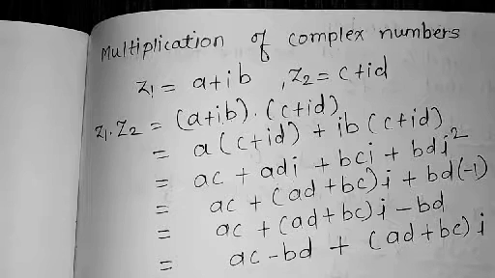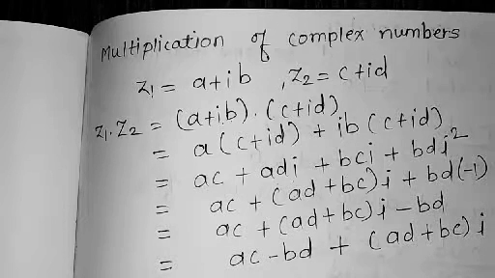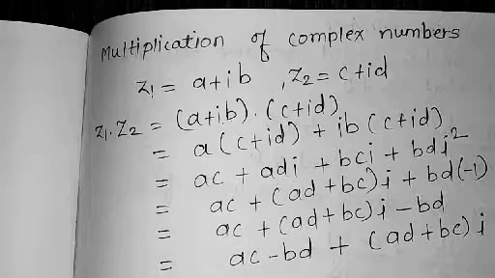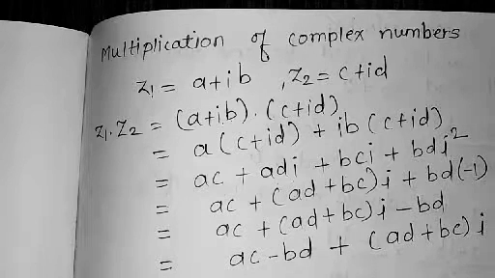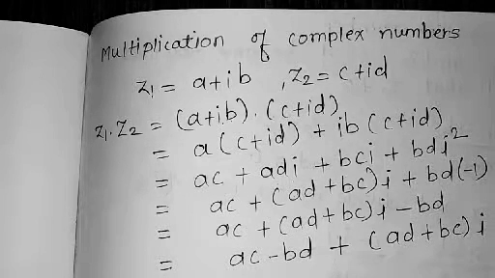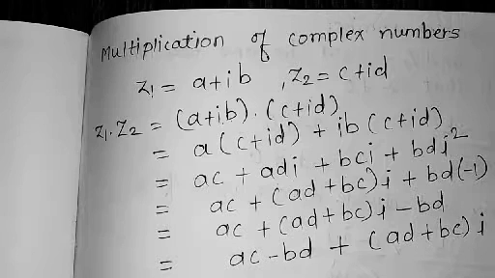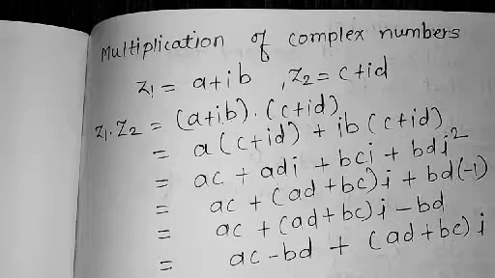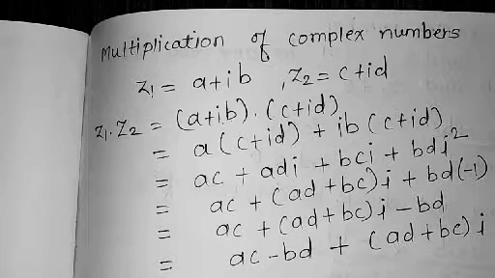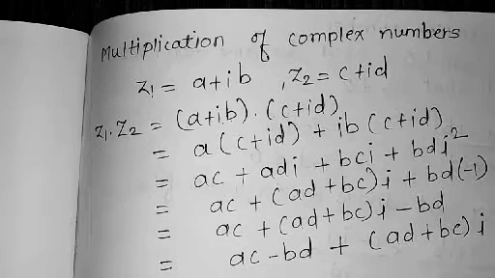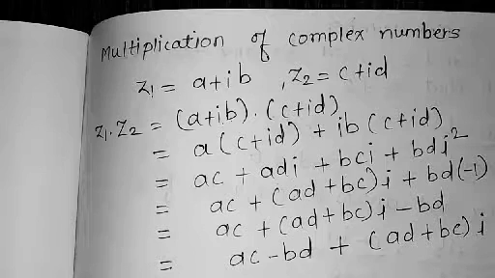We have to multiply the first term to the second bracket and the second term to the second bracket, that is a into (c plus id) plus the second term ib into (c plus id).